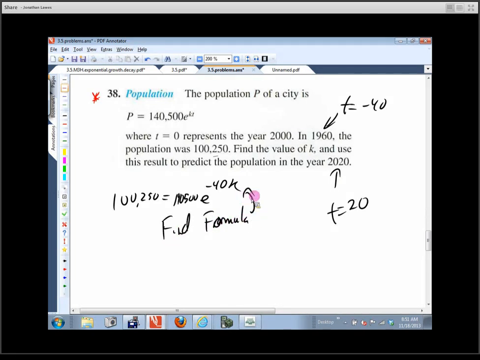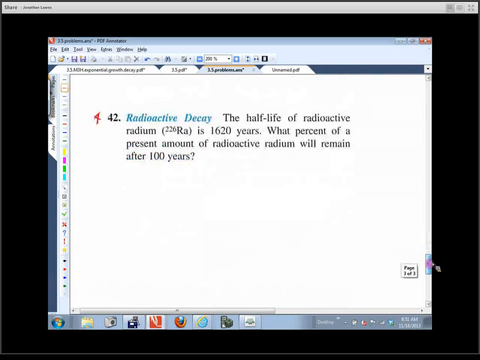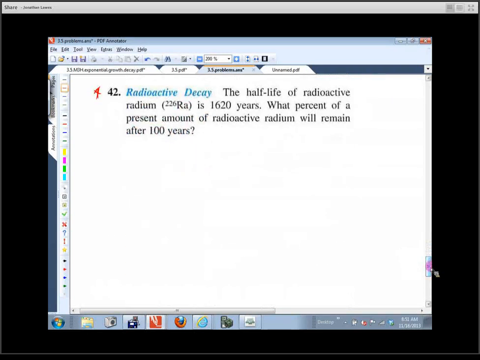Okay. In other words, find out what k is. Plug in t equals 20. Okay? Last one. Take a look at that one. Does that look familiar at all? Ra 226, half-life of 1620 years.